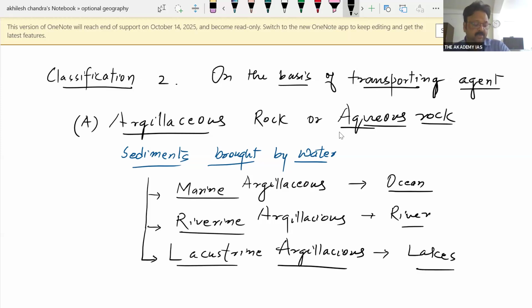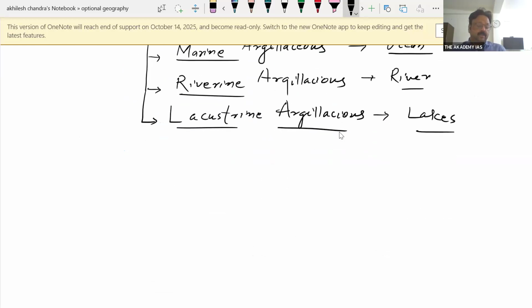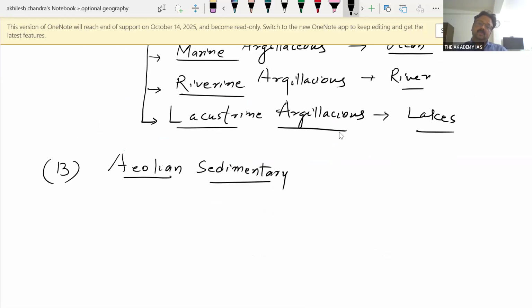So this is on the basis of the erosional or transporting agent that brings the sediment, we have argillaceous, and we saw its three subtypes. The second is Aeolian sedimentary rock.